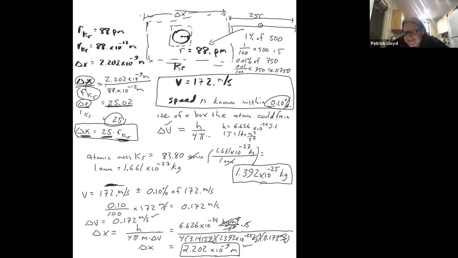So there's really, in a sense, only two ways these problems can go. They can give you the uncertainty in the velocity, or they can give you the uncertainty in the position, and you just calculate the other one as some ratio. Okay, so there you go. The reason we go through that is that there's a couple of reasons. One is it puts it into context.